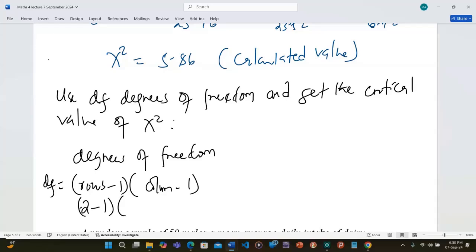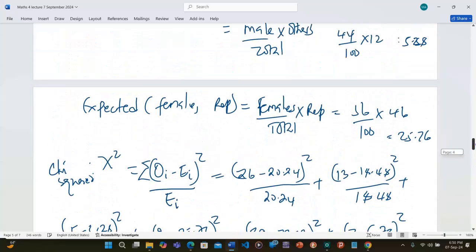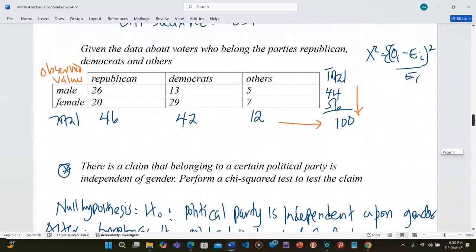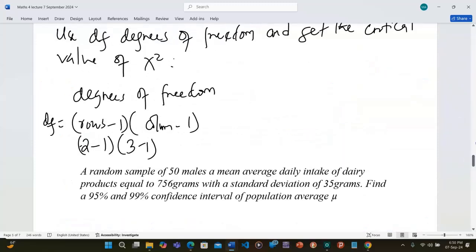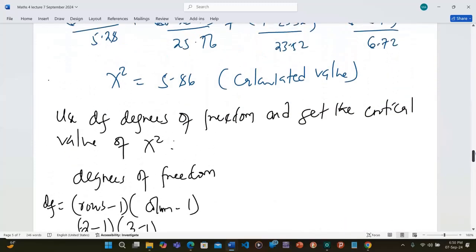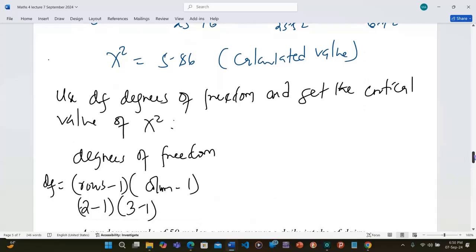Our columns are 3, we subtract 1, because when you look at this data that is given to us, the number of rows are 1, 2. The columns are 1, 2, 3. So what will that be? This is going to be 2 minus 1, which is 1, then times 3 minus 1. This is giving you 2.